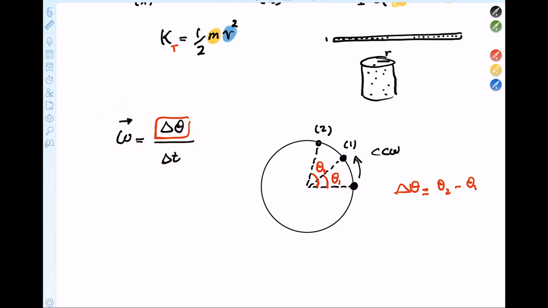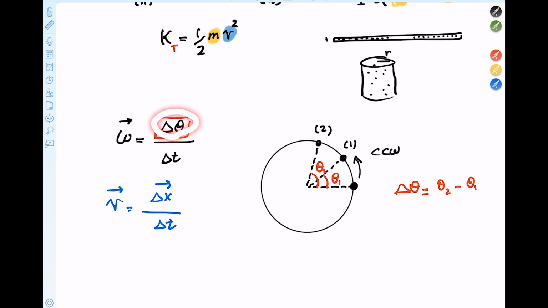What was the linear velocity? Linear velocity definition that we learned: v is delta x divided by delta t, or delta y divided by delta t. Again, displacement along the x direction or y direction divided by delta t, the time. This will give you a linear velocity. Here we have omega, angular velocity.